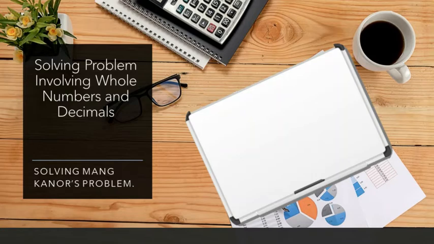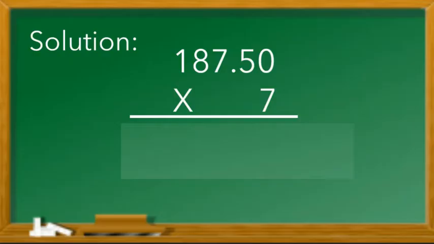How about for 7 days? Aha! I have to multiply it by 7. So, 187.50 times 7 is... 0 times 7 is 0. 7 times 5 is 35, carry 3.